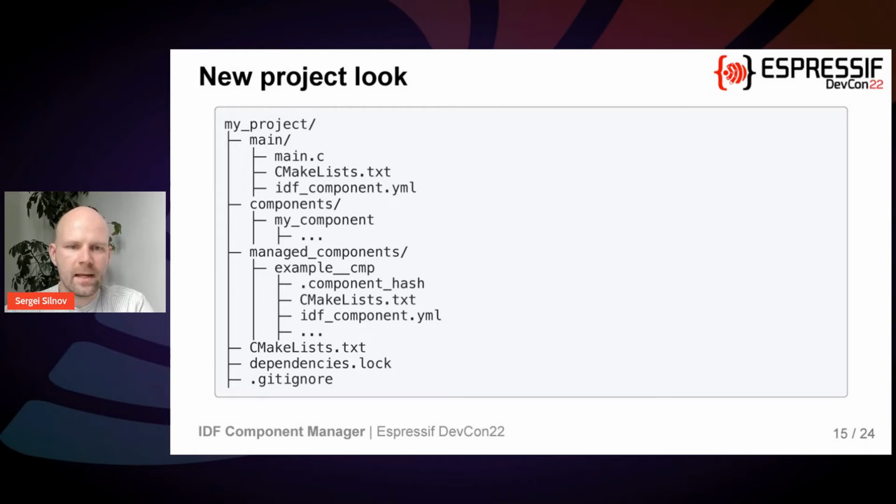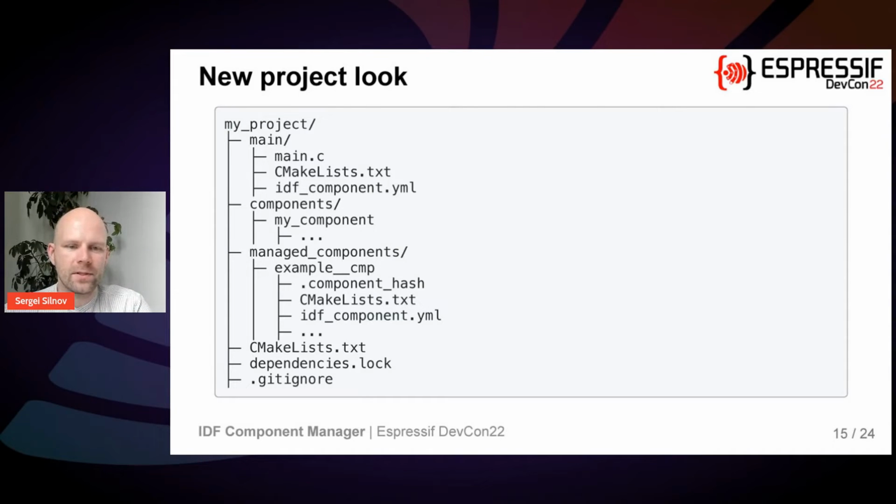And with this name, components will be visible to the build system. So if you have some build issues from the build system, you may find these names in some cases. Don't be confused. Take a note that the managed components directory can be easily recreated, so it is recommended to add it to the gitignore file if you store your project code in a Git repository.